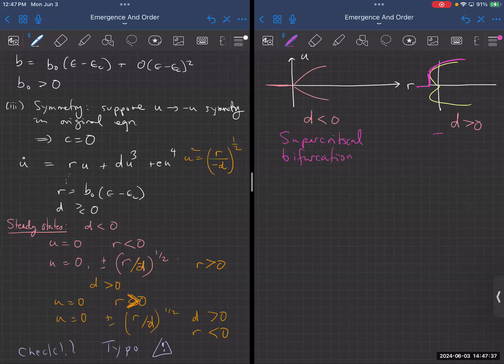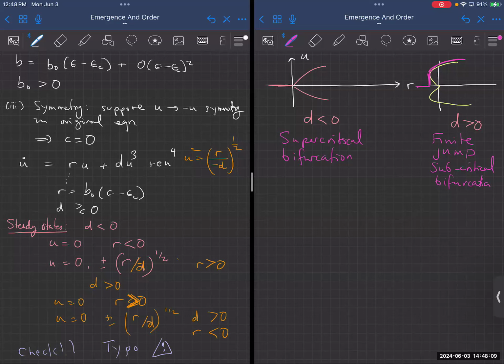And this one has got a finite jump, as you can see, and this is called a subcritical bifurcation. I need to have a form that has this double from here. Here there is bistability. I'm not going to spend much time talking about this, but it's a super important case.